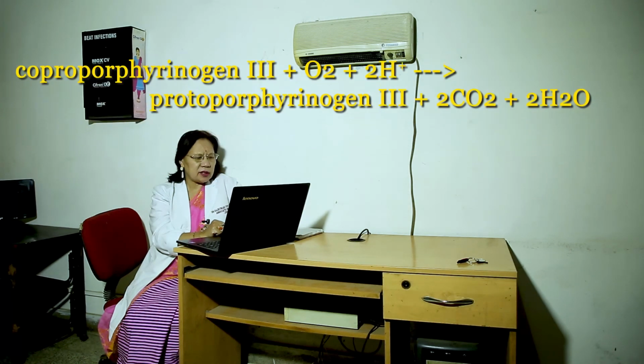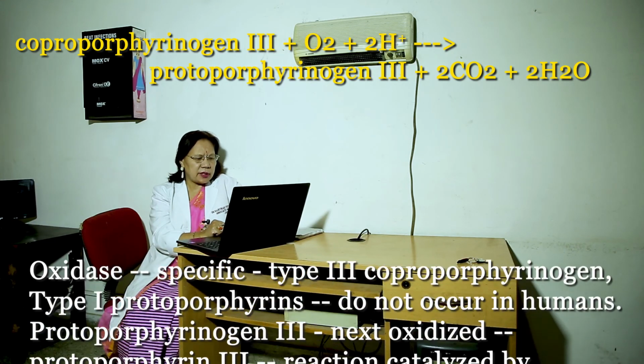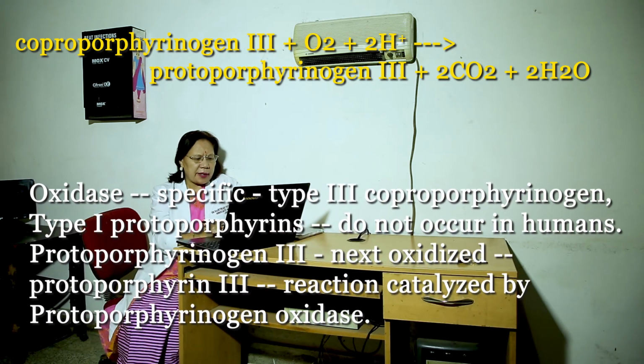In the sixth reaction, coproporphyrinogen III with molecular oxygen forms protoporphyrinogen III, with release of 2 molecules of carbon dioxide and 2 molecules of water. The oxidase is specific for type III coproporphyrinogen, and type I protoporphyrins do not occur in humans.